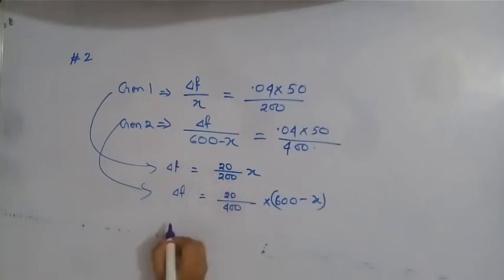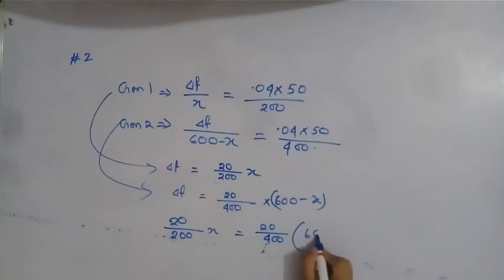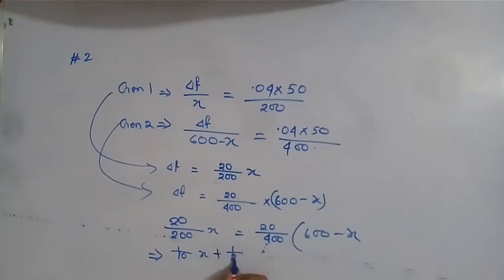Now we can write 20 by 200 into X equal to 20 by 400 into (600 minus X). So this is 1 by 10 X plus 1 by 20 X equal to 30.